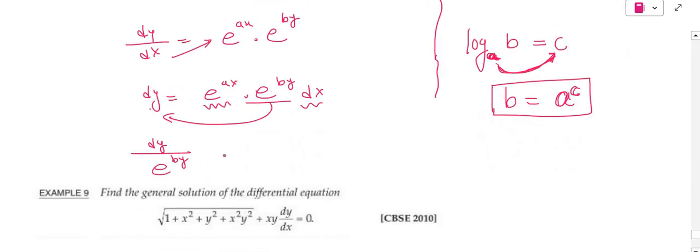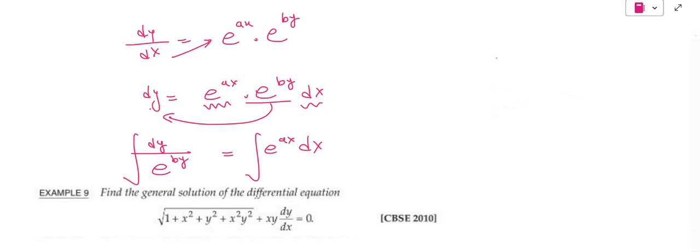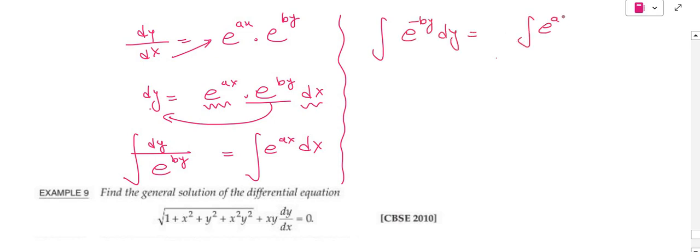It is equal to e^(ax) dx. Correct? Now I am ready to integrate both sides. Understood? What will I get after integration? So this is the integration of e raised to power minus by dy, and the integration of e^(ax) dx.